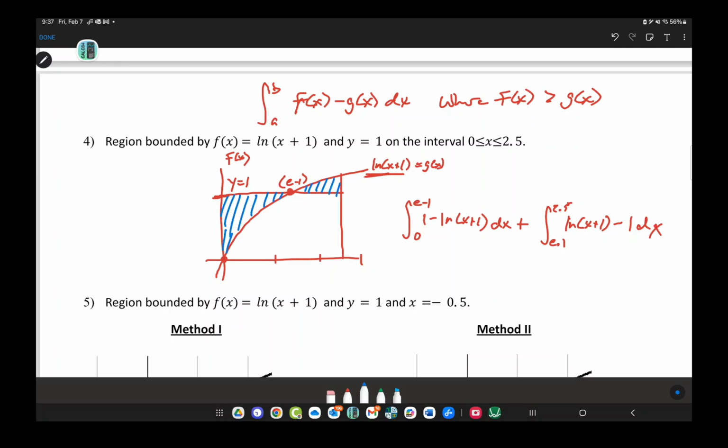Okay. So yeah, anytime they do give you one of your bounds as the x-axis, that means your function is y equals 0.